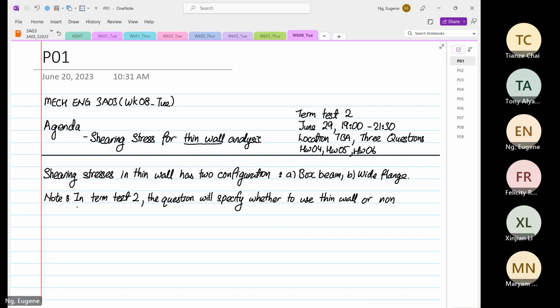Okay. In real life, you have to more or less make a judgment, or you have to do both. Okay, but as I said, this is the first time you're looking at it. So in term test 2, I will tell you whether to use thin wall or not to use thin wall analysis.